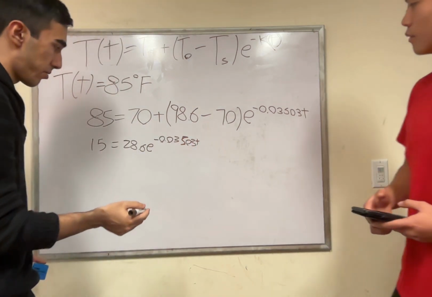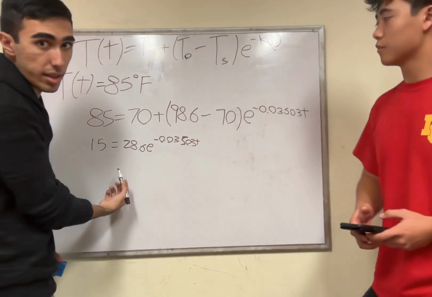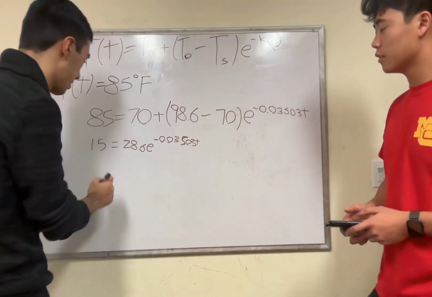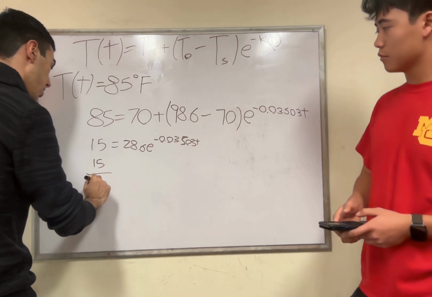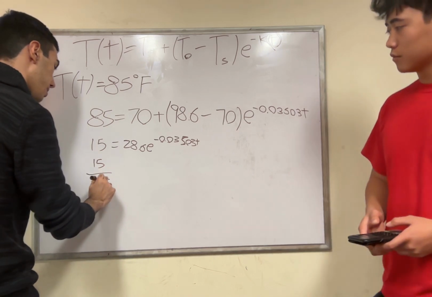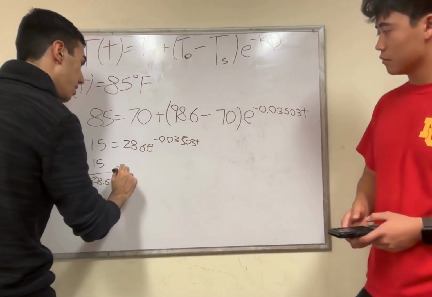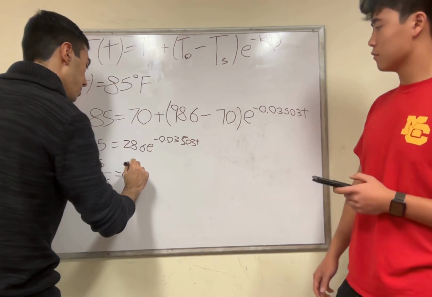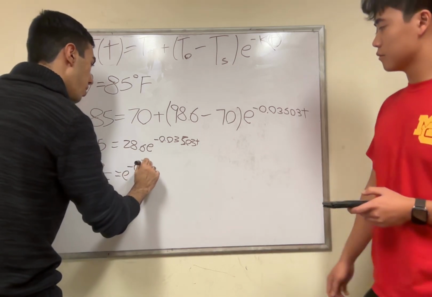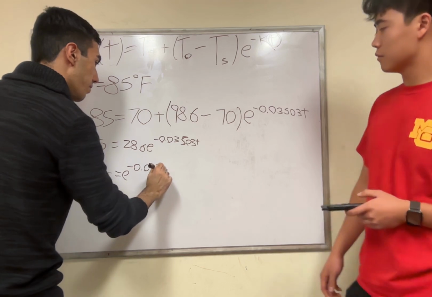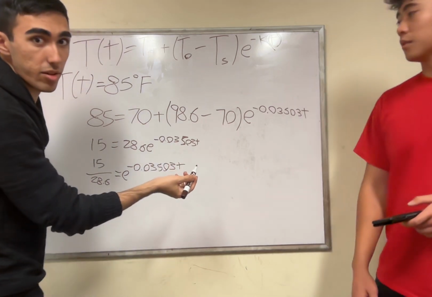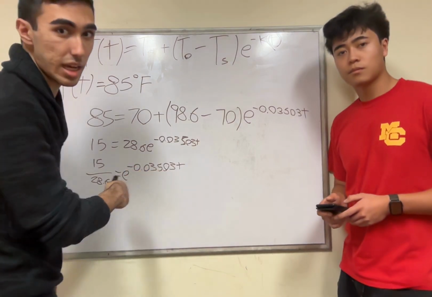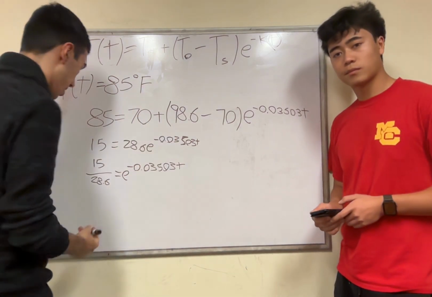So now we divide both sides by this 28.6. So then we get 15 over 28.6 equals e to the power of negative 0.03503t. How do we get that t down? Like I said earlier, natural log both sides, the e's cancel out, it all comes down.